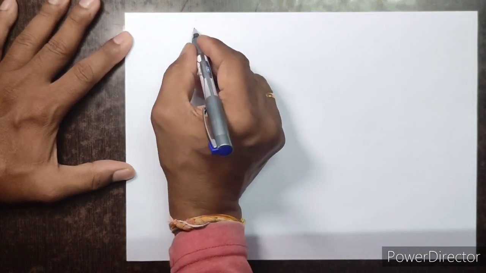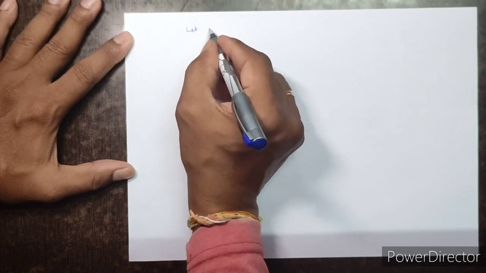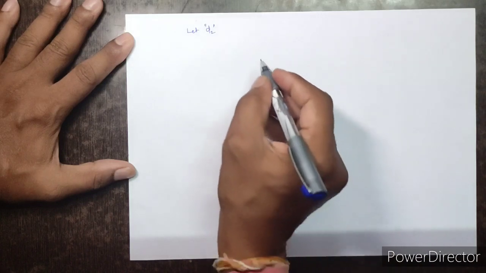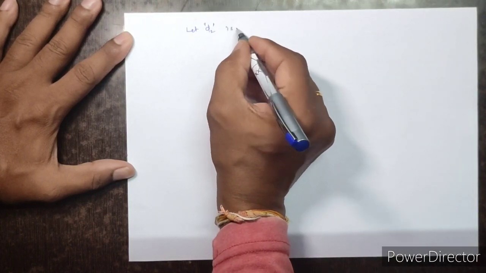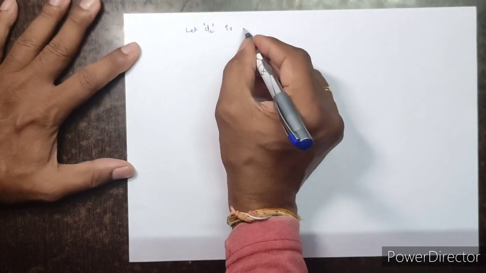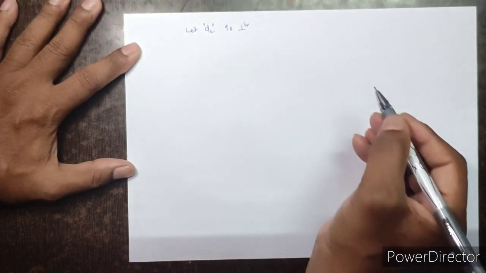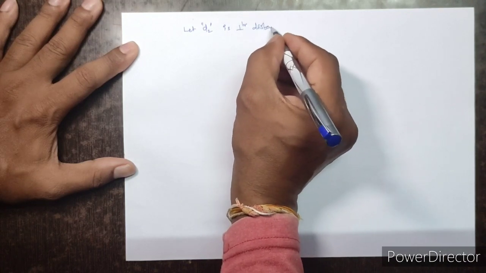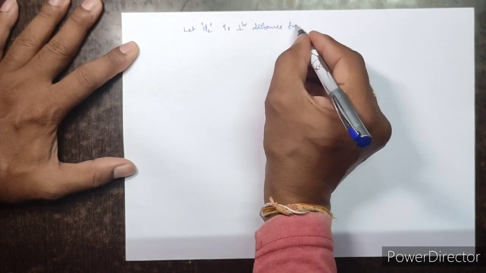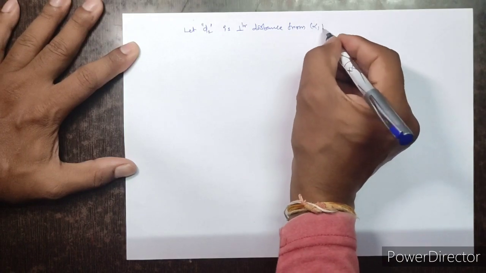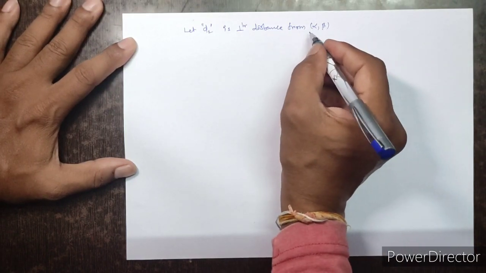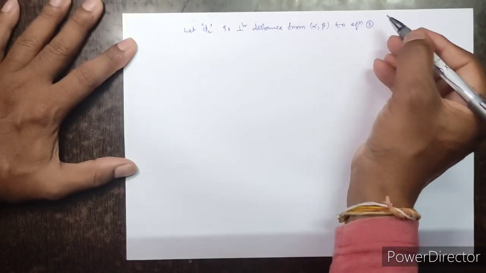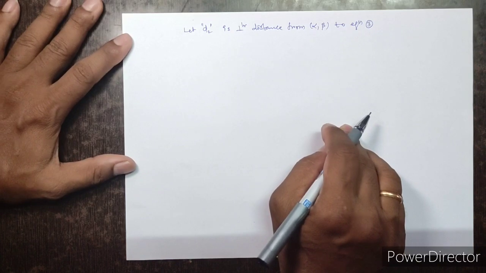The same way, let d2 be the perpendicular distance from alpha comma beta to equation 3, the second line of the pair of straight lines.